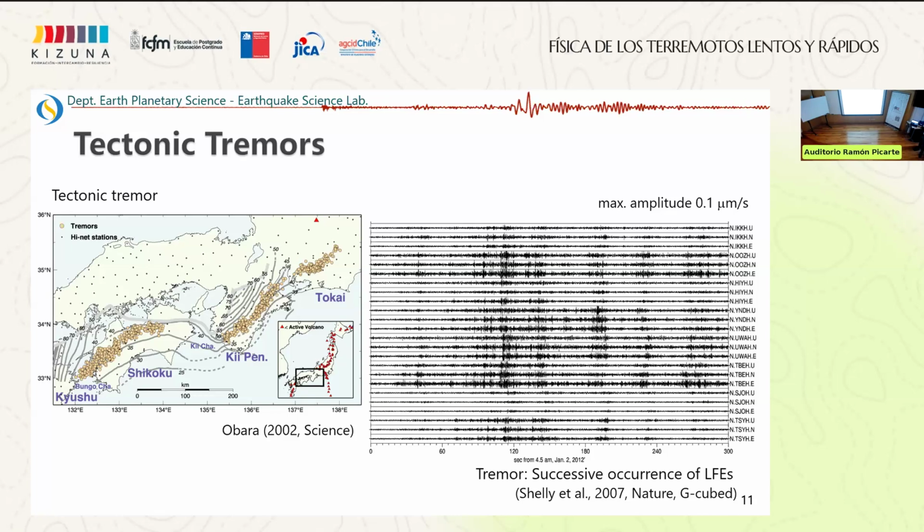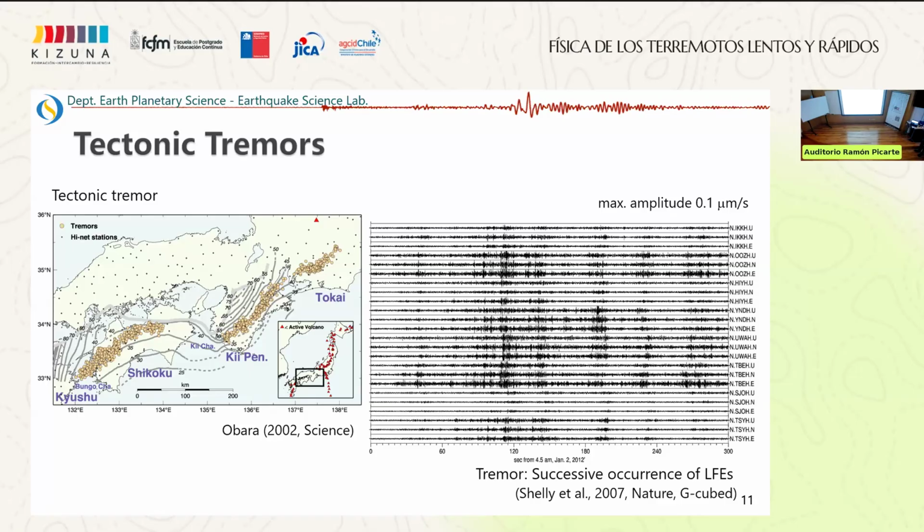It is 5 minutes, 300 seconds, observed at several stations in this area. If you observe this at a single station, you may think it is just noise, and it's actually very similar to noise, like traffic noise from a train or a car on the highway.